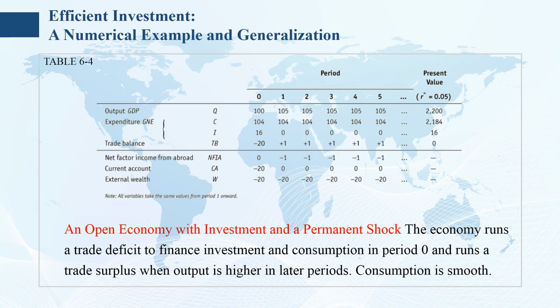Hence, the current account is 0 in all future years, with no further borrowing, and the country's external worth is minus 20 in all periods. External worth does not explode, and the LRBC is satisfied.